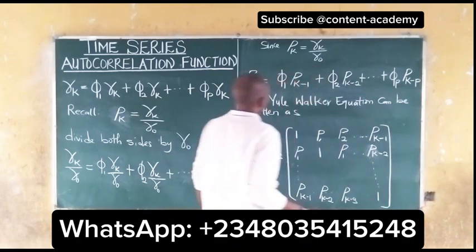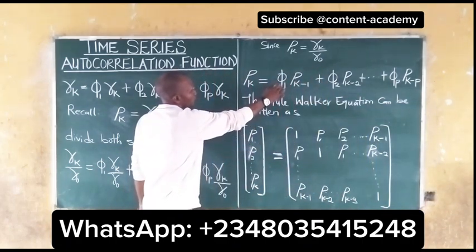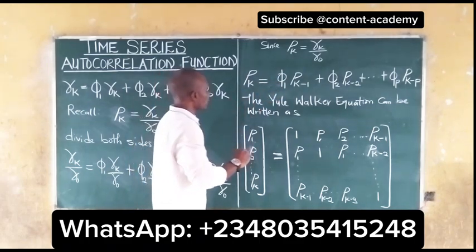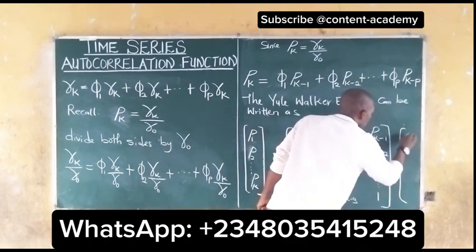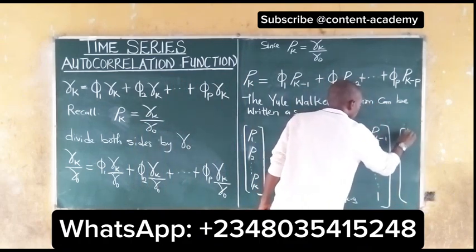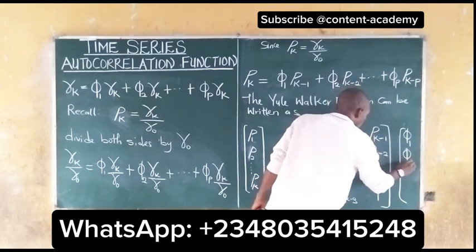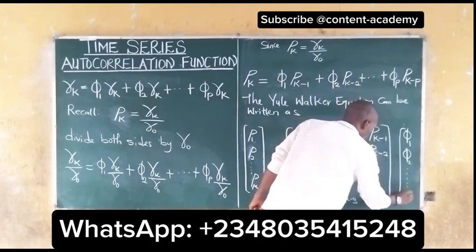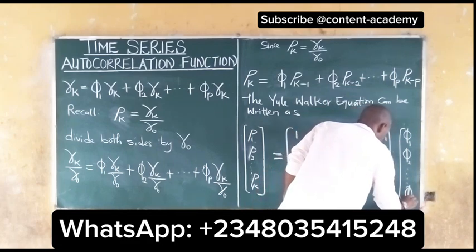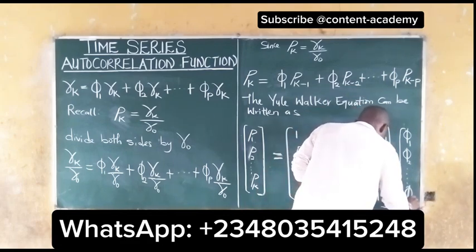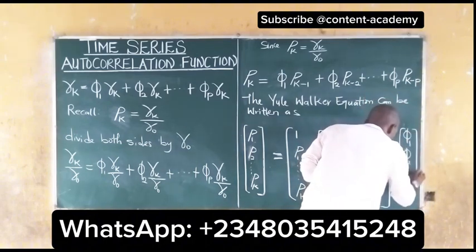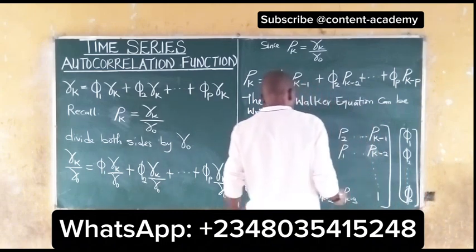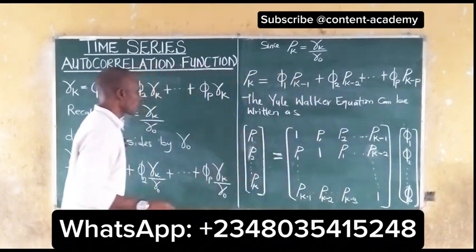Also, we have our parameter coefficients, so we put them here to multiply this. We have phi 1, phi 2, we continue to phi p. So this is what we get.